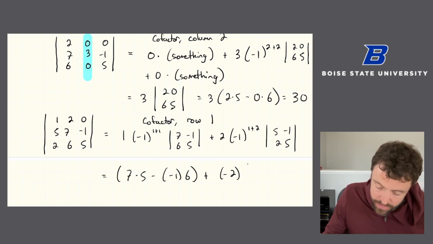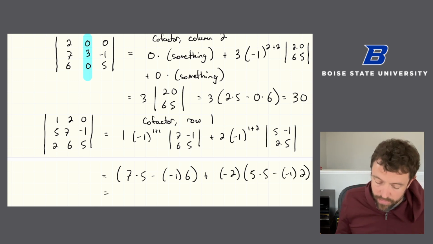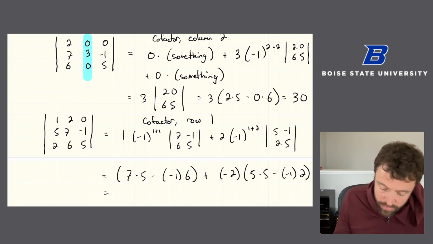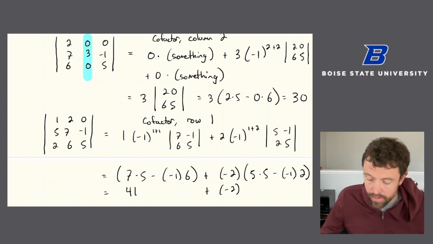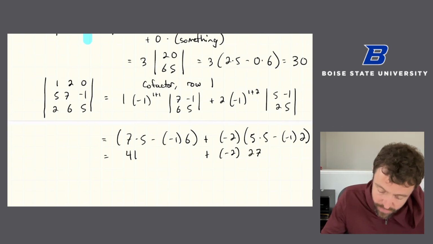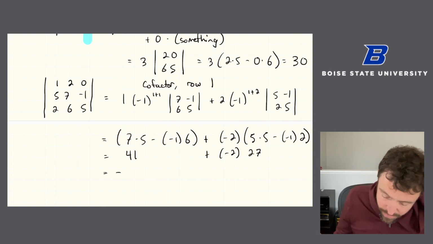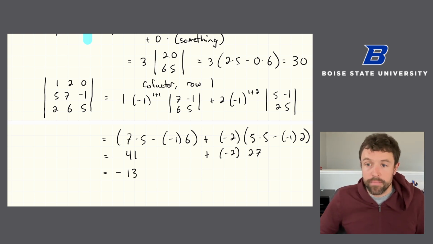And then I get -2 times 5 minus -1 times 2. 35 plus 6 is 41. 25 plus 2 is 27. And so I get -13.